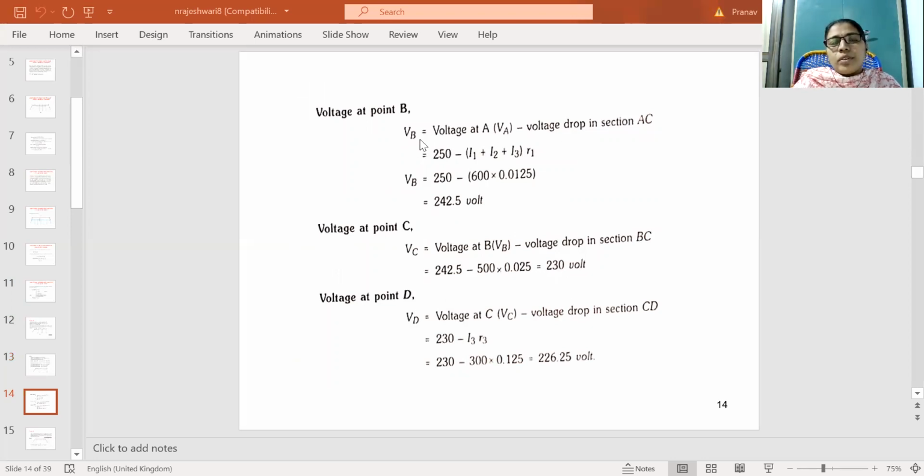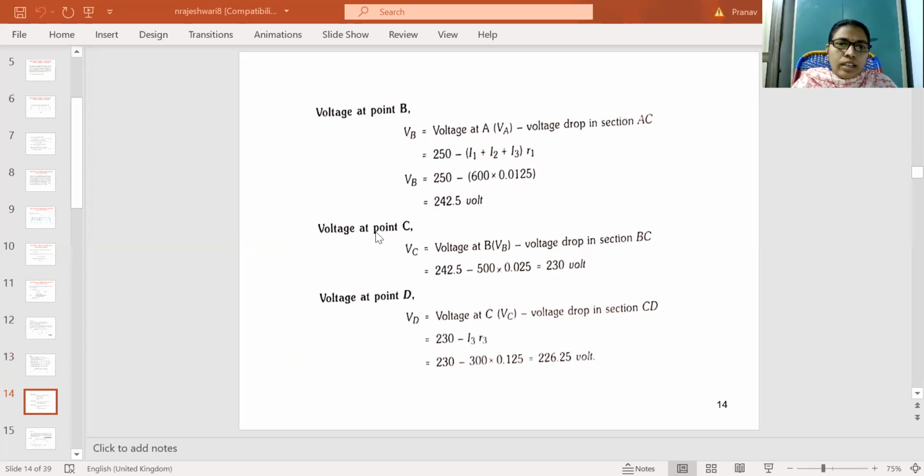So the voltage at point B, VB, is equal to the voltage at point A, VA, minus the voltage drop in the section AB. So VB is 250 minus I1 plus I2 plus I3 into R1, so 600 into 0.0125. So we'll get VB as 242.5 volts.